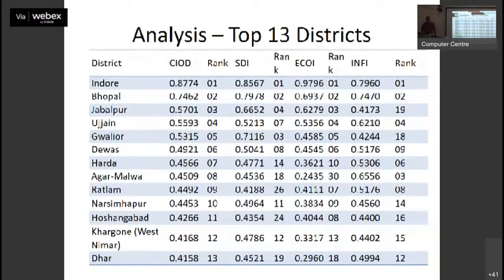थर्ड जबलपुर in third, देखिए Jabalpur is third in overall composite index, but fourth in social development, यानी economic development is not transferred into social development. And infrastructure development, very low, 19th rank.